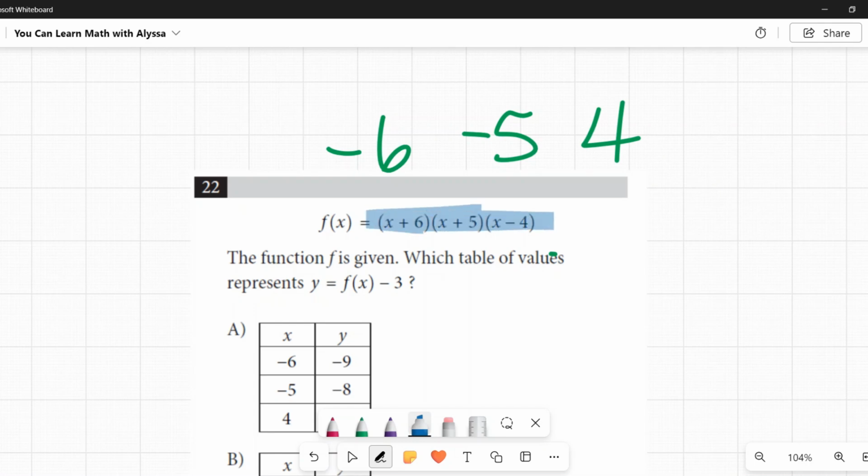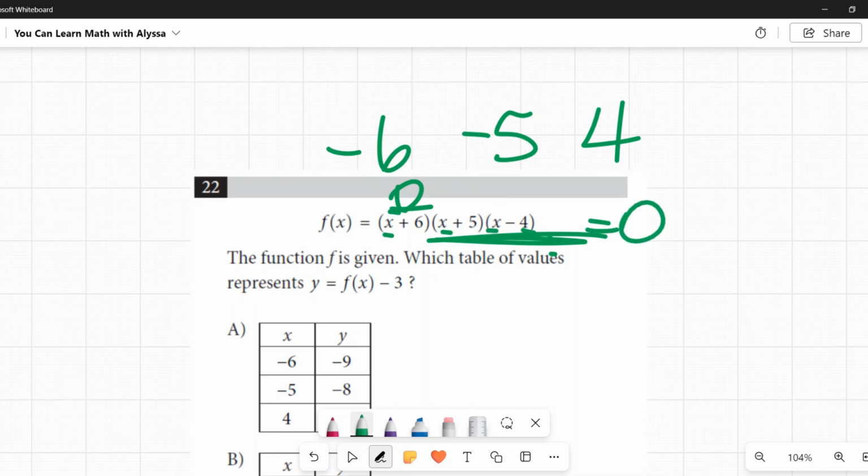What would happen up here if I plugged in negative 6? Right off the bat, x plus 6: if x is negative 6, that is 0. It doesn't matter what else is there. A 0 is here. I multiply these together, I'm going to get 0. 0 minus 3 is negative 3. What's true of?